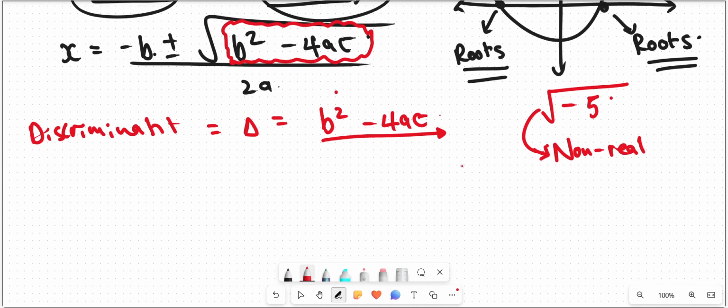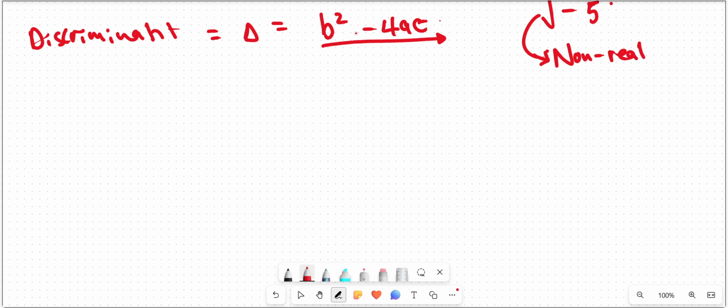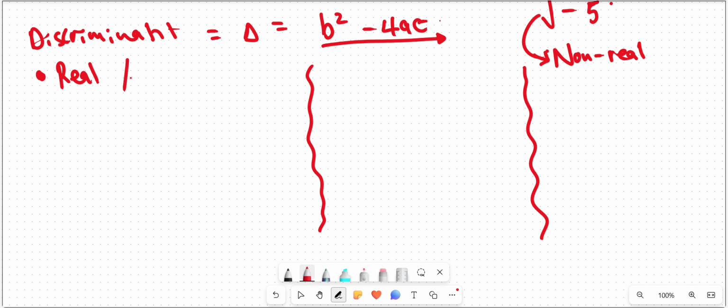So now let's come up with a criteria that's going to help us to know which roots are this and which roots are that. These are the three categories of the types of roots we're interested in, right? The first one is whether it's real or non-real.